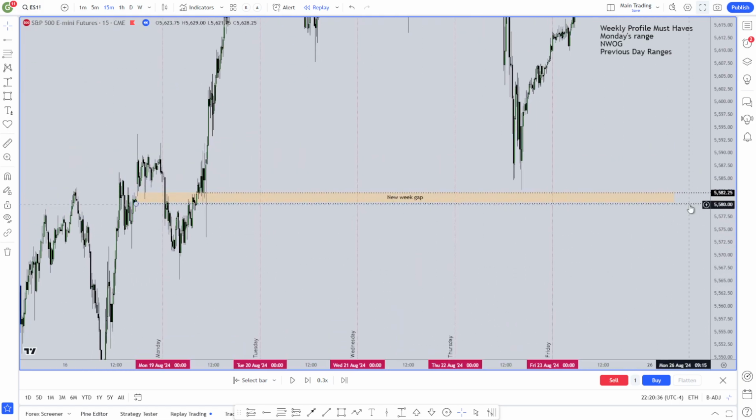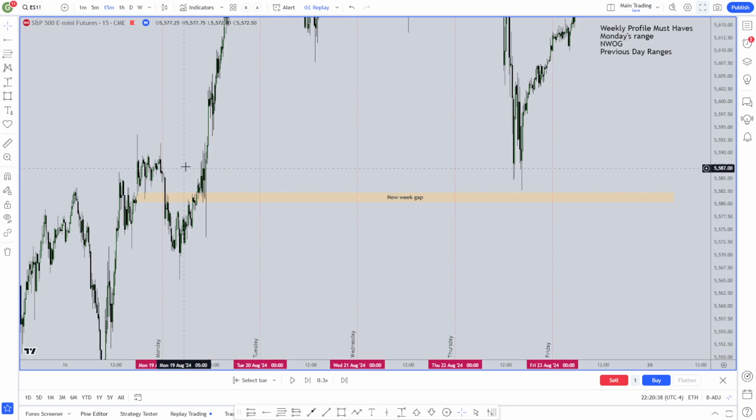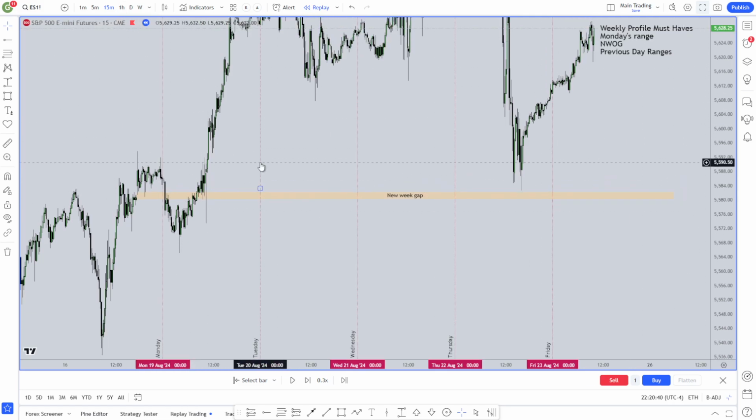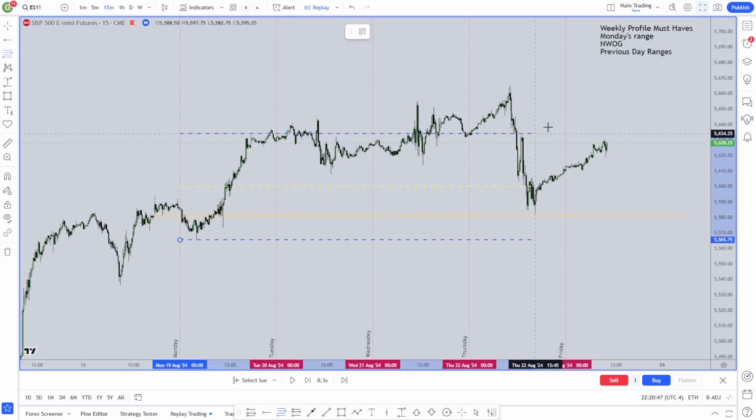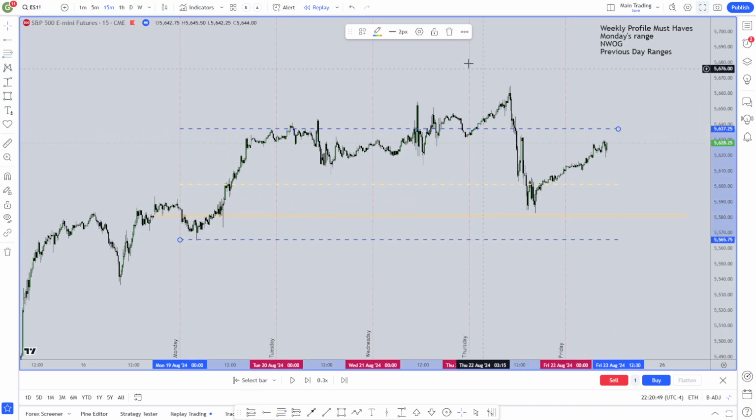And then we'll take Monday's range. And let's just talk about what we see here. Midnight to midnight. Monday range low. Monday range high.